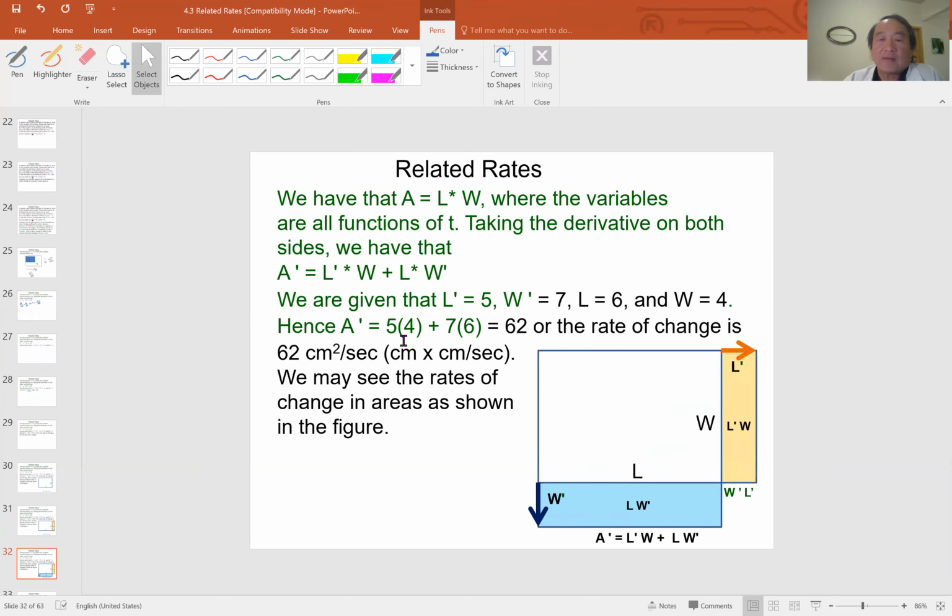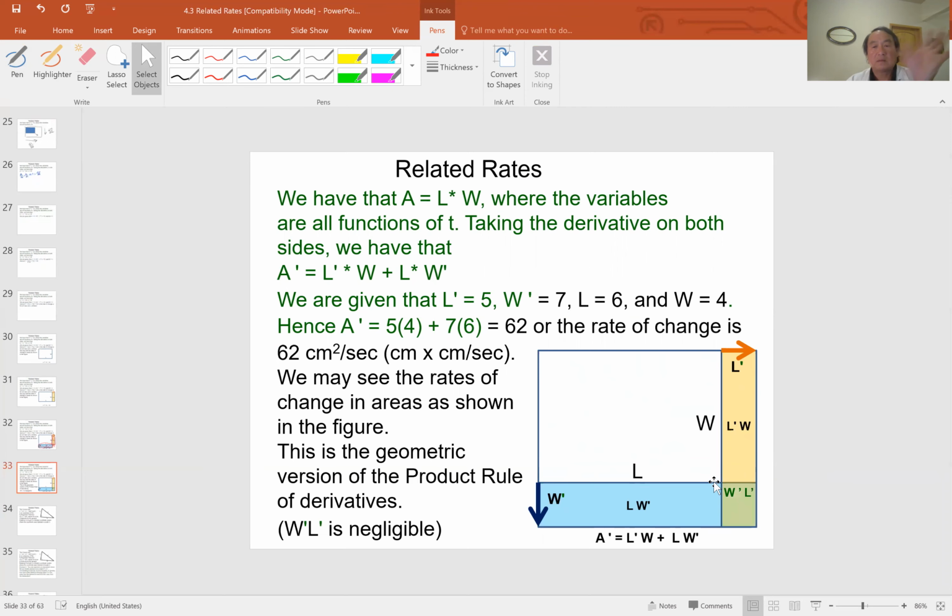The area change is roughly this and that, and that little corner, the green piece, we kind of disregard. So this is a rough approximation. This is how we calculate the rate of change in the area.